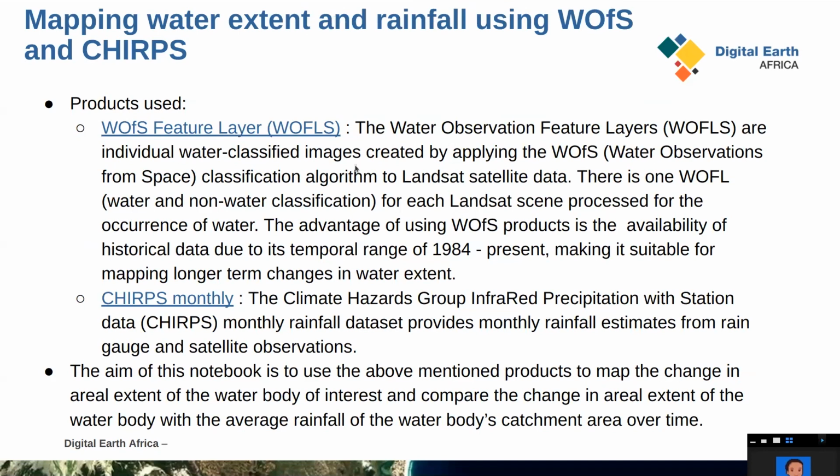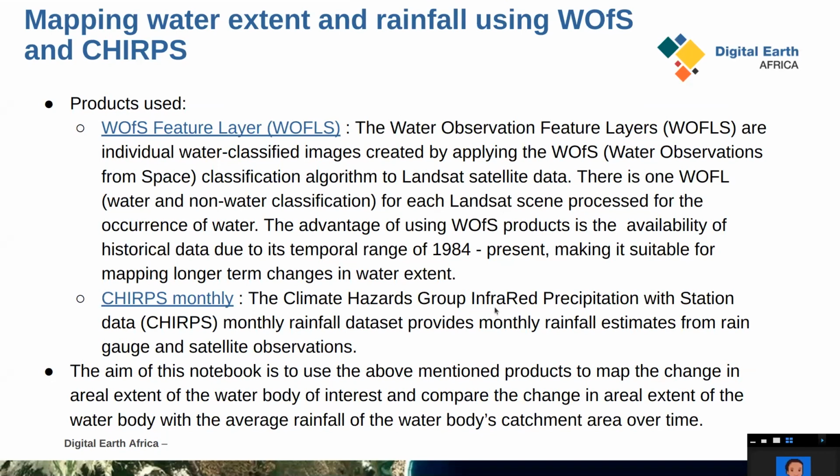But the WOFS feature layer is a water and non-water classification image for each Landsat scene processed for the occurrence of water. So for a single time step, you will have a WOFS feature layer, an image that shows the pixels classified as water and pixels classified as non-water. The temporal range is the same as the WOFS annual summary, available from 1984 to present, which makes it suitable for mapping long-term changes in water extent.